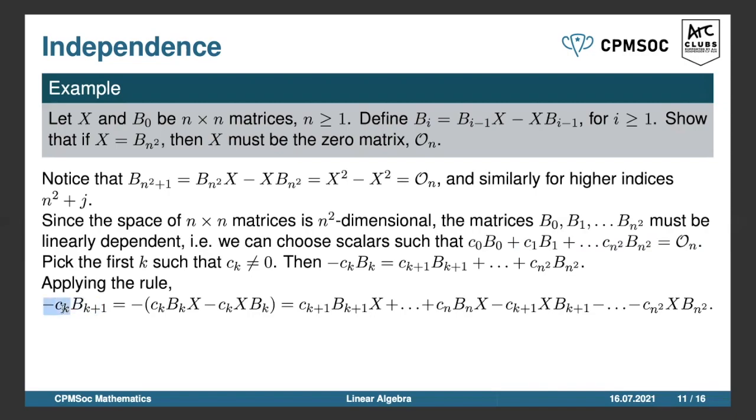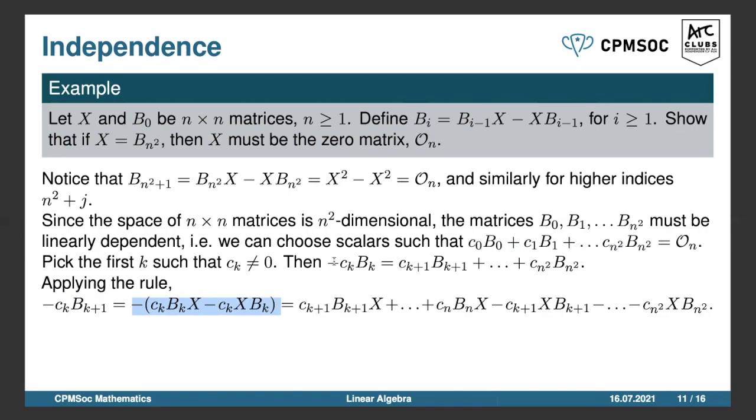So the coefficient times Bk minus 1 is minus ck, this constant, and then just the definition of the recursion.